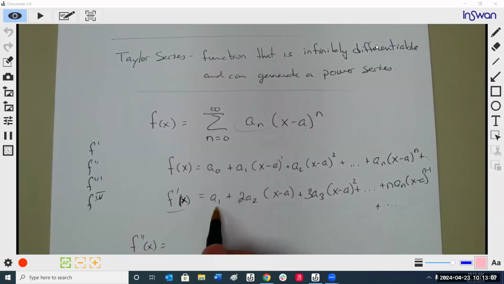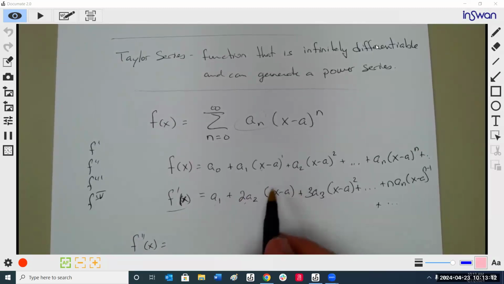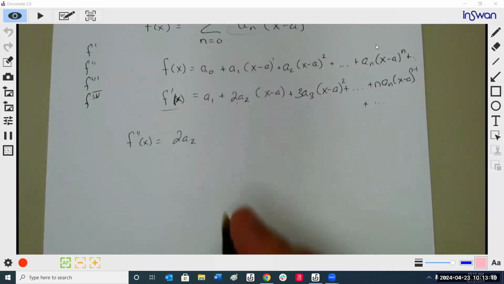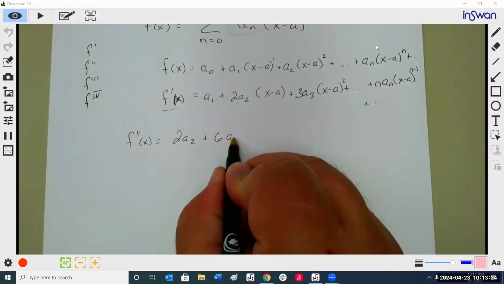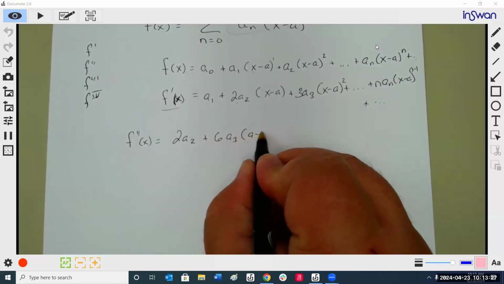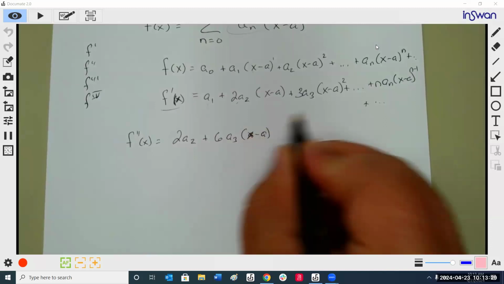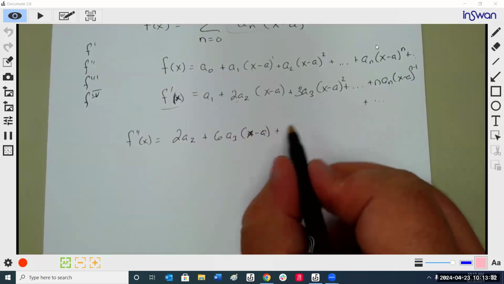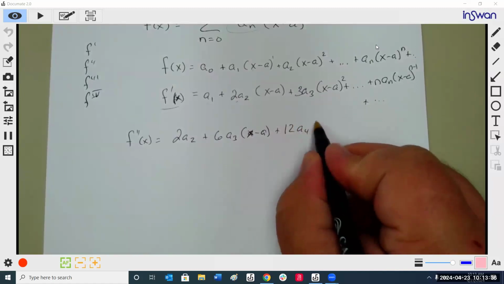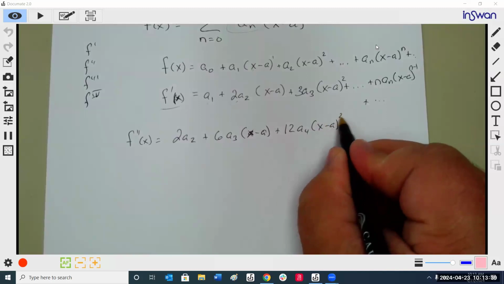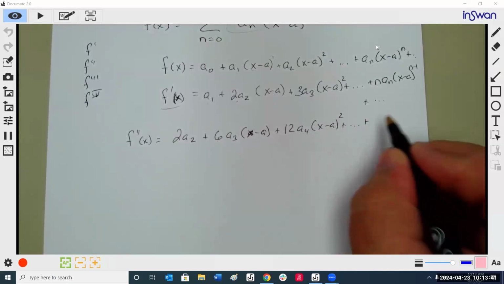The second derivative: that constant disappears, so we have 2a sub 2 plus 6a sub 3 times x minus a to the power 1, plus 12a sub 4 times x minus a squared, and so on.